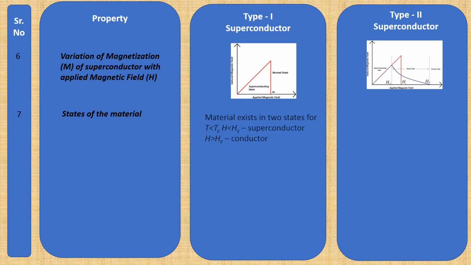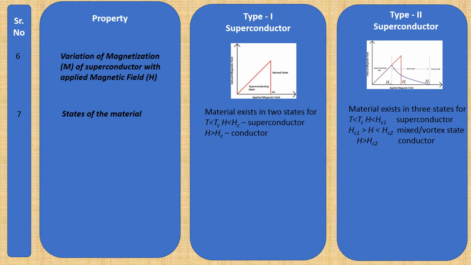In type 1, there are only two states: at temperature less than critical temperature and magnetic field less than critical magnetic field, it shows superconductor, and as the magnetic field increases beyond the critical magnetic field, the superconductor becomes a normal conductor. Whereas in type 2 superconductor, there are three different states.